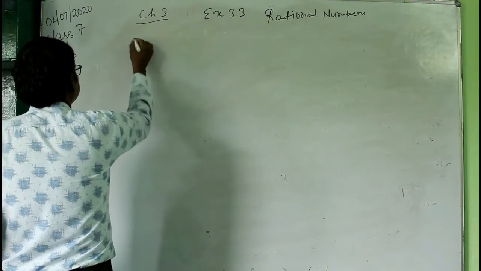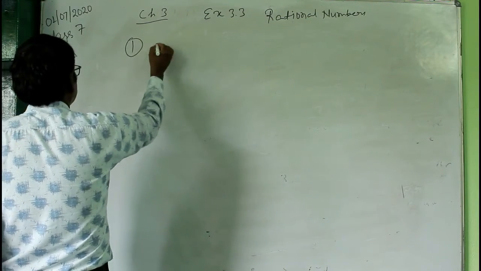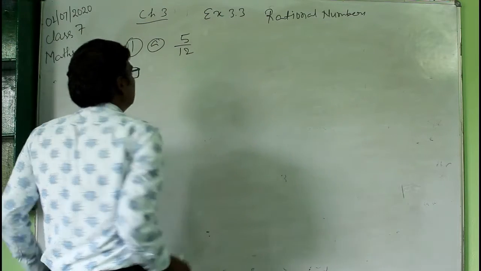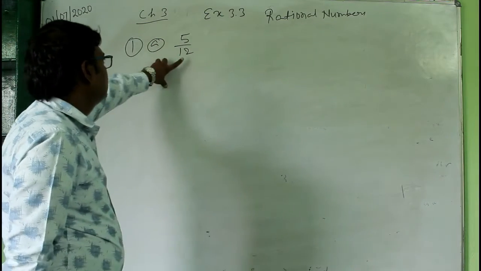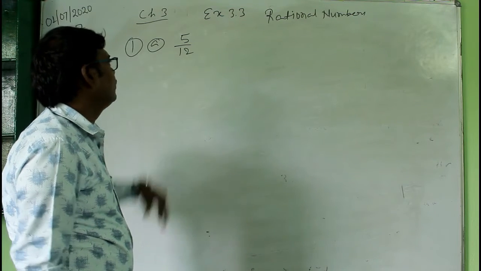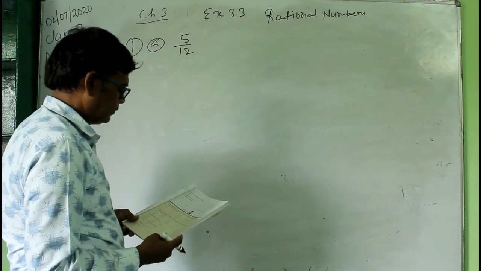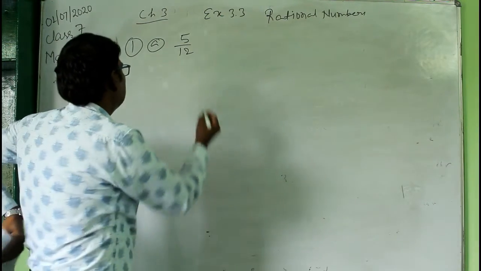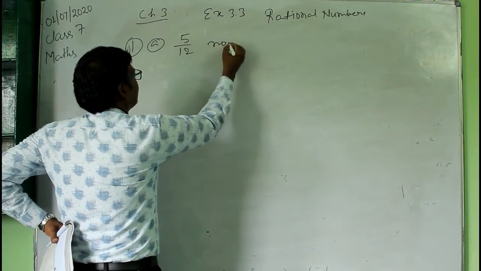Question number 1. The question 1A is 5/12. Now I explained to you that this 12 contains the factors 2 into 2 into 3, so this will be non-terminating. Okay. Here write non-terminating.